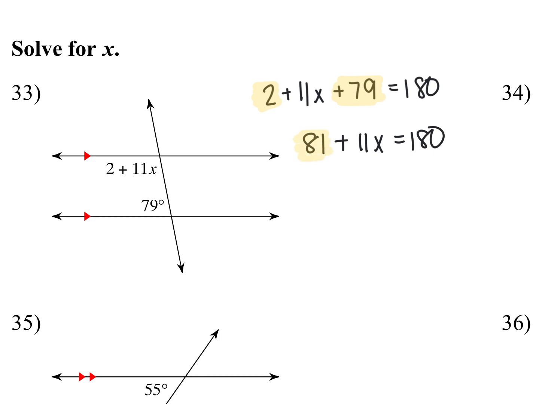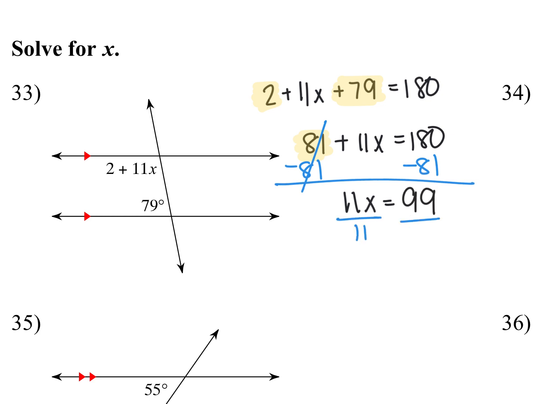Then I subtract 81 from both sides. I get 11x equals 99, and then I divide by 11, and x equals 9.